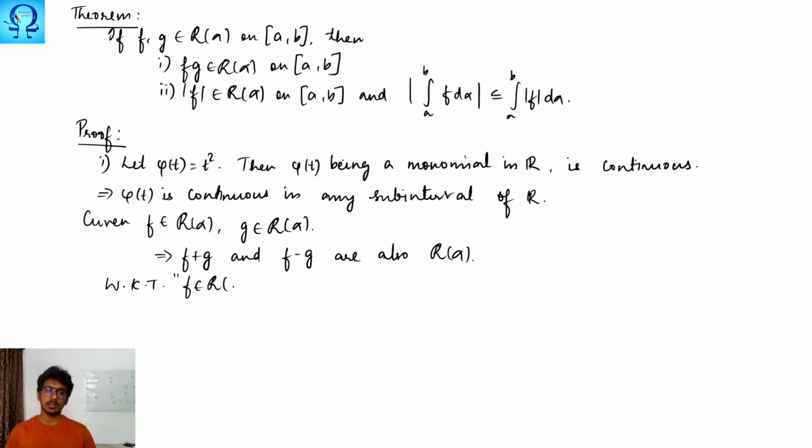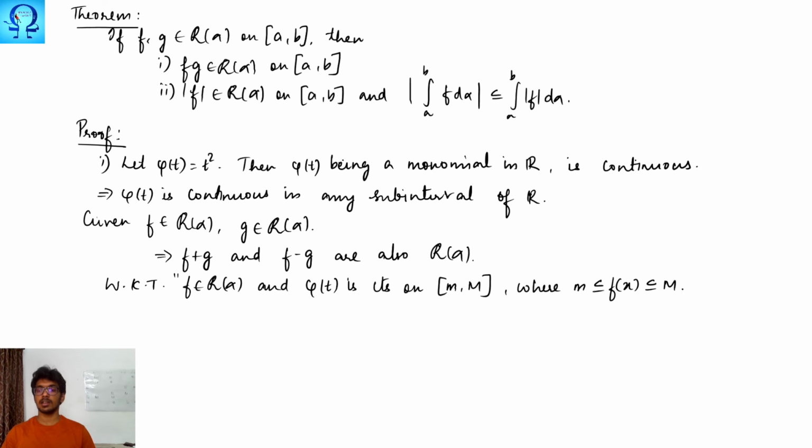If f is RS integrable and phi of t is continuous on [m, M], where small m is less than or equal to f of x less than or equal to M for all x in the interval [a, b], then the composition phi of f is also Riemann-Stieltjes integrable. This is one of the results that we have seen.